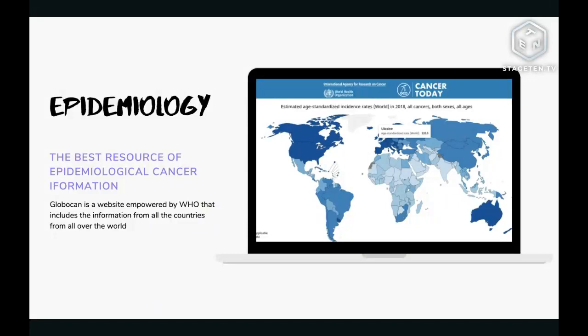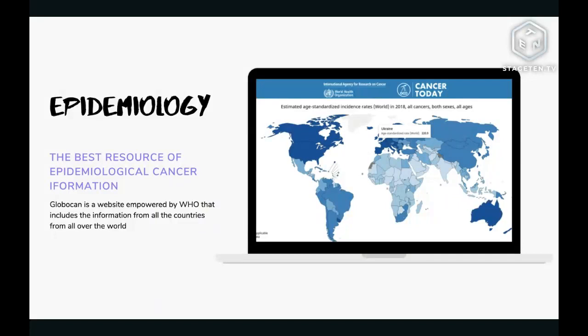So GLOBOCAN also produces statistics reports each year, and the one that is most referred to right now is Global Cancer Statistics 2018, and it says that there will be an estimated 18.1 million new cases, 17 million excluding non-melanoma skin cancer, and 9.6 million cancer deaths in 2018.